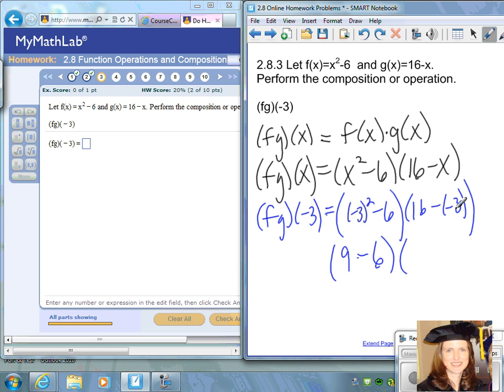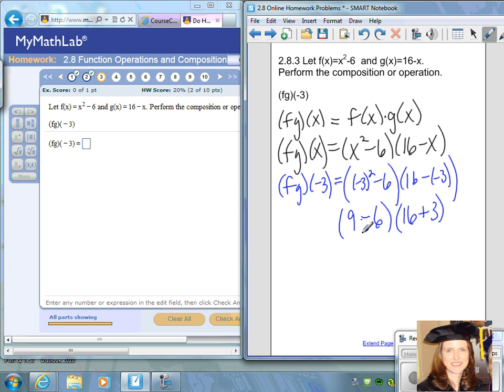And 16 minus a -3 is the same thing as 16 plus 3. 9 minus 6 gives us 3, and 16 plus 3 is 19. So 3 times 19 is 57.